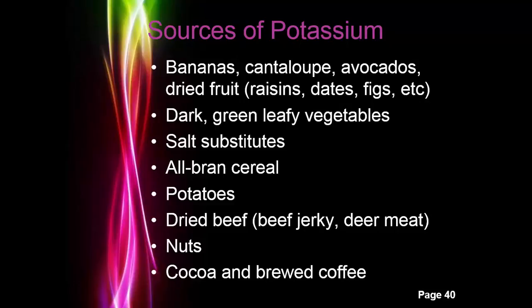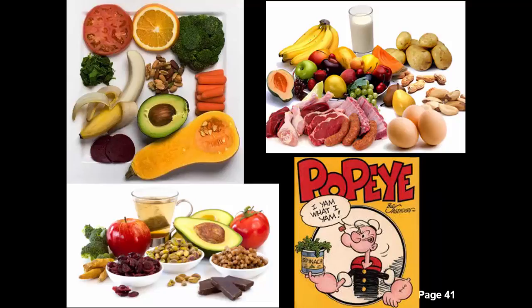Dark green leafy vegetables, your salt substitutes, all bran cereals, potatoes, dried beef, beef jerky, deer meat, nuts, cocoa and brewed coffee. And so this is showing you also some of your foods in picture form.